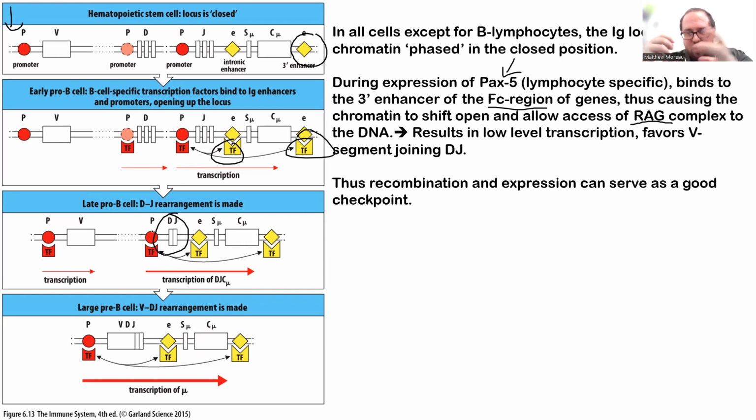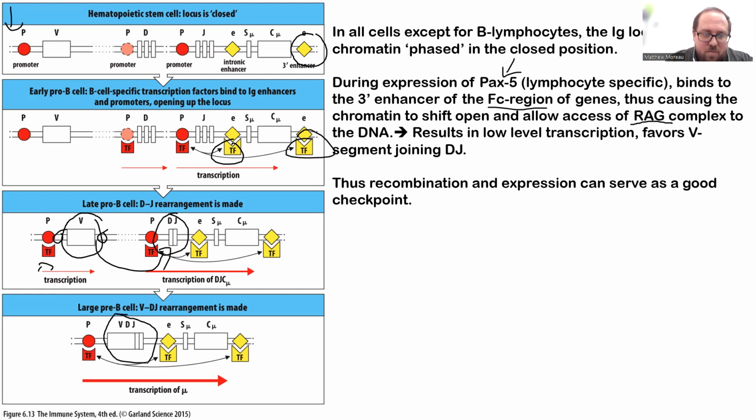So it's pulling the chromatin along as it's recombining. This then opens up the V segment that's already been bound to transcription factor. This then opens up the DNA in the recognition sequences for RAG. This causes looping, creating the VDJ loop.